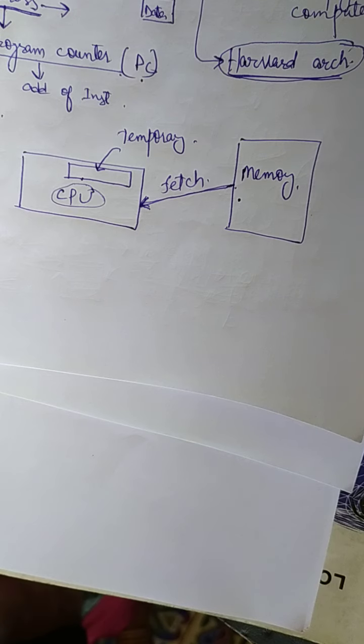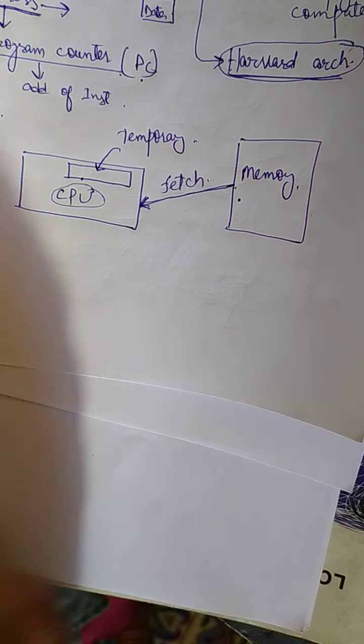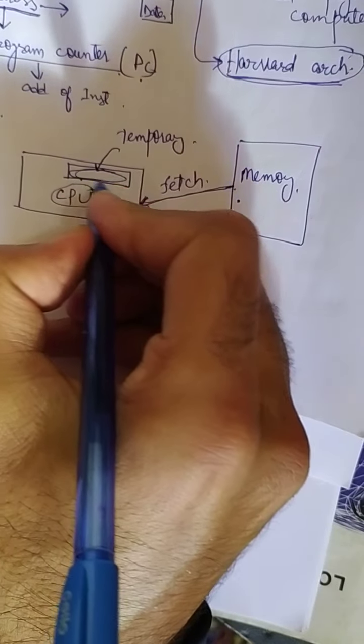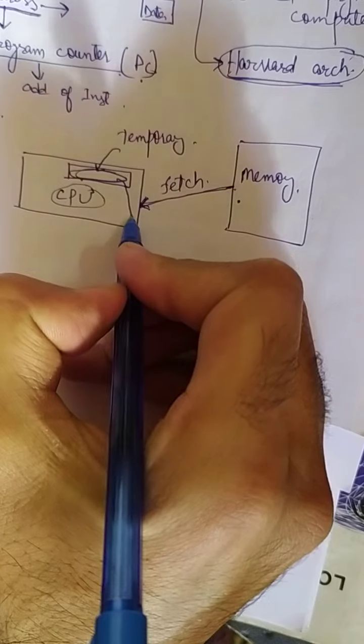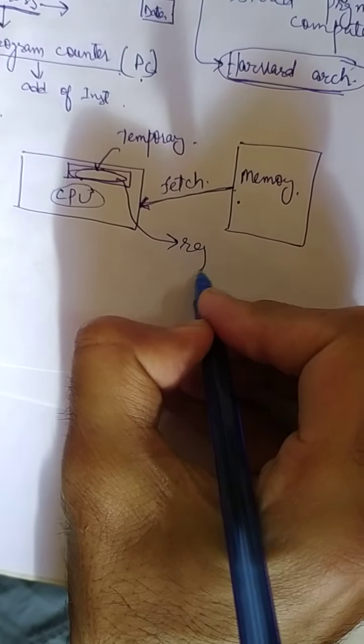Because most of the data is reused again and again. Instead of fetching the same data from the memory each time, we will keep the data near the CPU, so that if it wants the same data again, it will find it in its temporary locations. So it will improve the performance. These temporary locations are called registers.